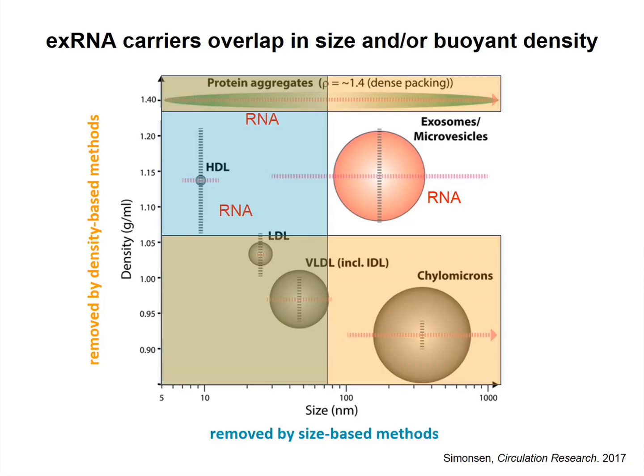But only by combining size and density-based methods, a relatively pure population of EVs can be isolated from this complex fluid. Other fractions that are obtained throughout this procedure will be enriched for ribonuclear protein particles or lipoprotein particles. So let's discuss these methods in a bit more detail.